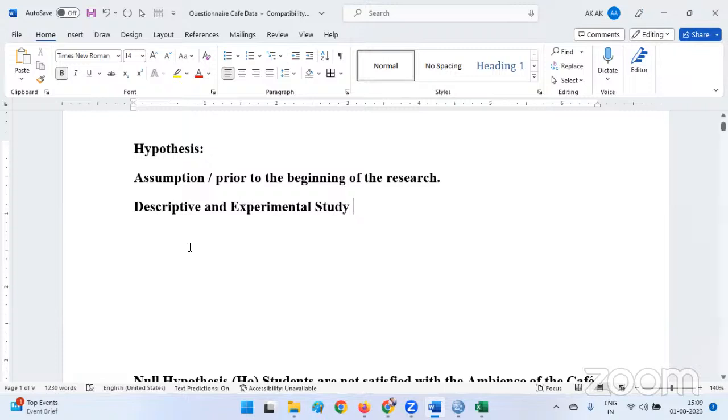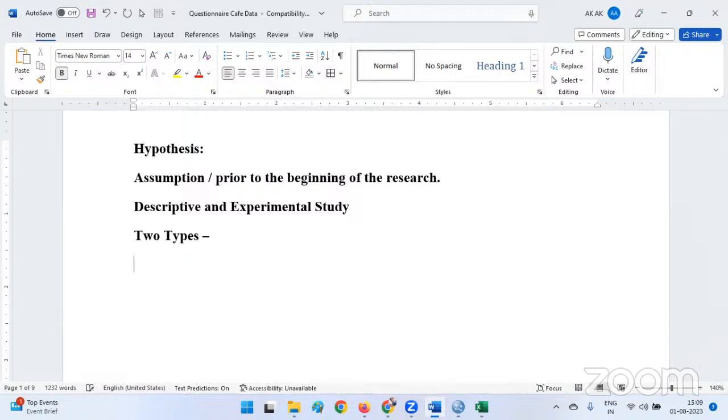Now, there are basically two types of hypothesis. One is null hypothesis and second is alternate hypothesis.